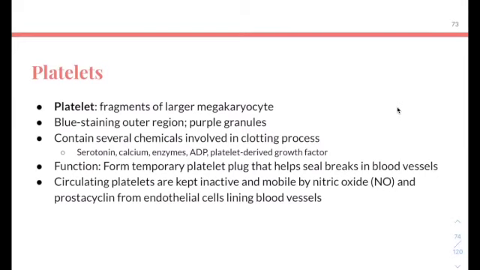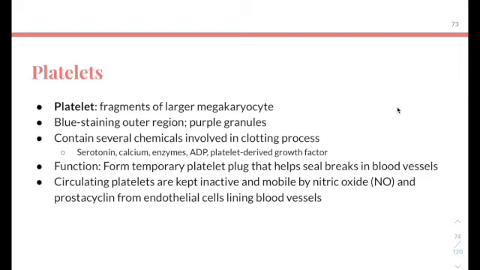They have these little purple granules throughout, and those are all platelets. They contain serotonin, calcium, enzymes, ADP, which is not the usable form of energy, it's adenosine diphosphate, and also platelet-derived growth factor.